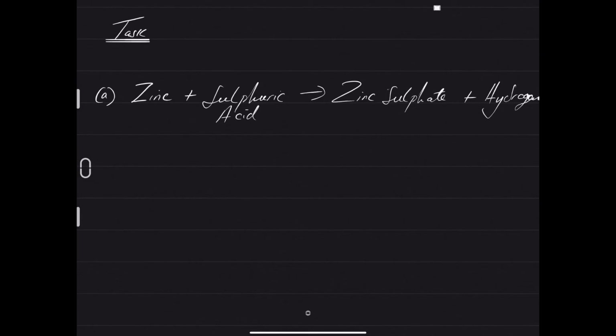So that's your word equation: zinc plus sulfuric acid gives zinc sulfate plus hydrogen.